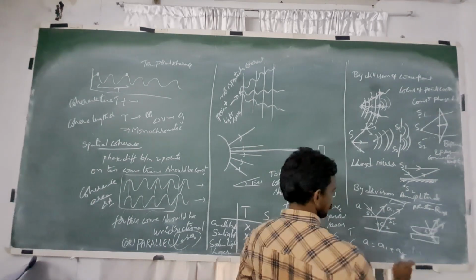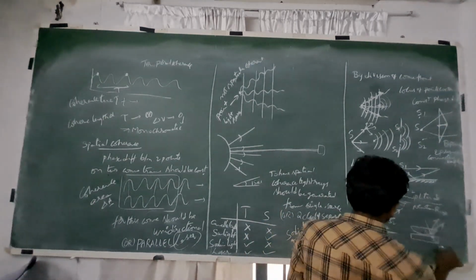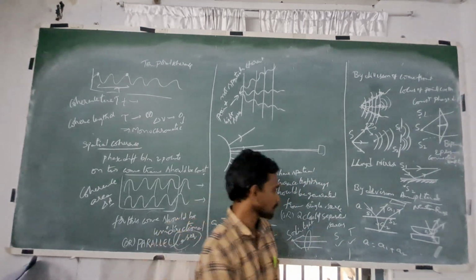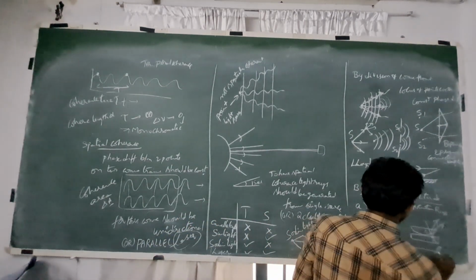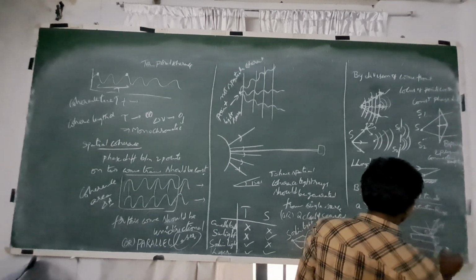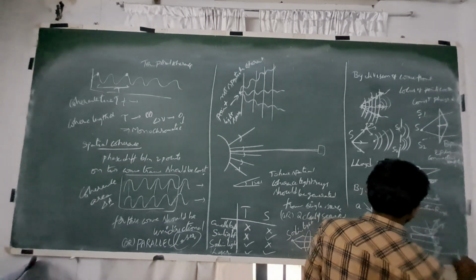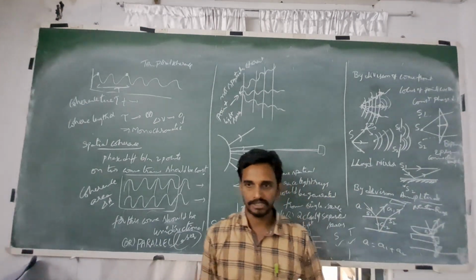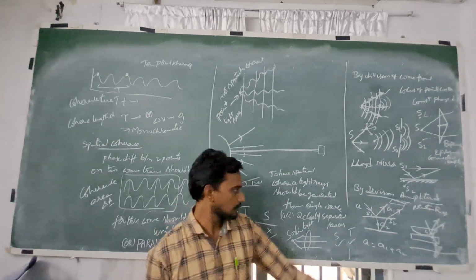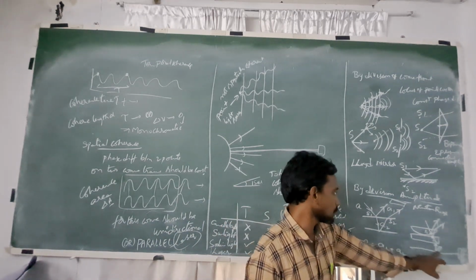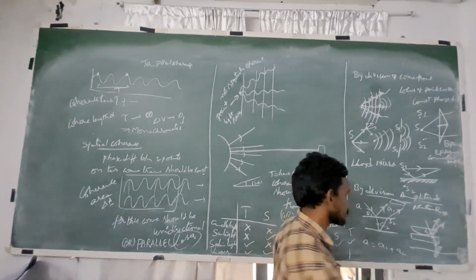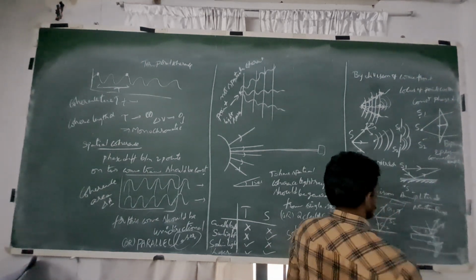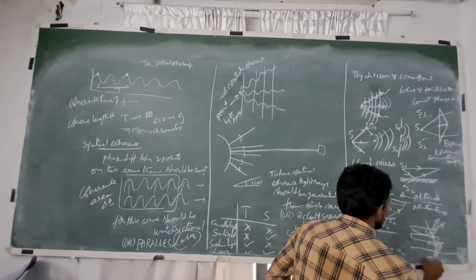So what about Michelson interferometer? We take a glass plate, a semi-silvered glass plate. So the light rays, a portion will be reflected and a portion will be transmitted to the other end. Here a completely silvered glass plate will be there. So this is partially silvered, so a portion will be reflected and a portion will be transmitted.